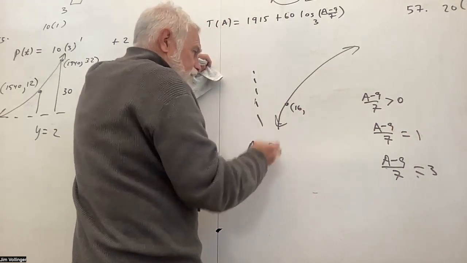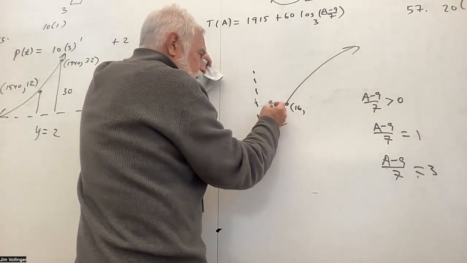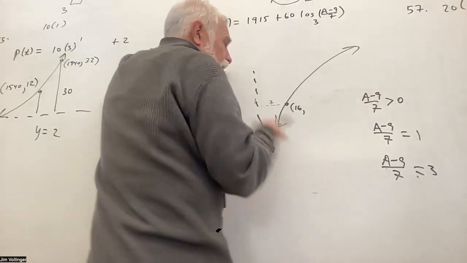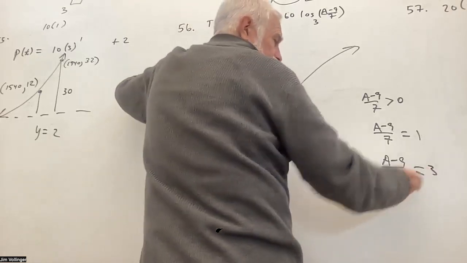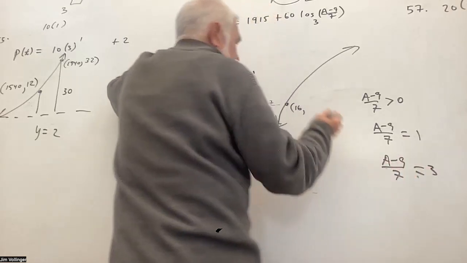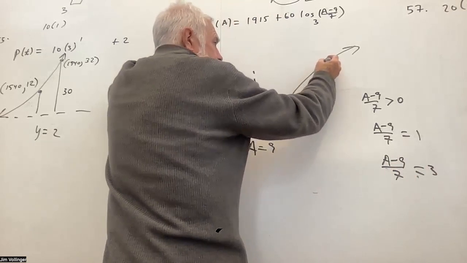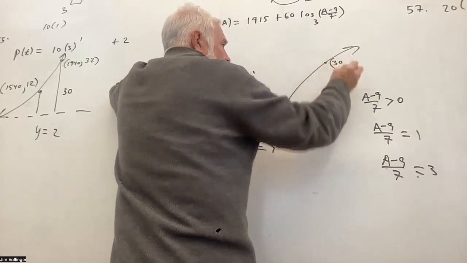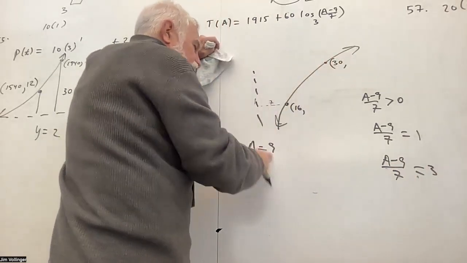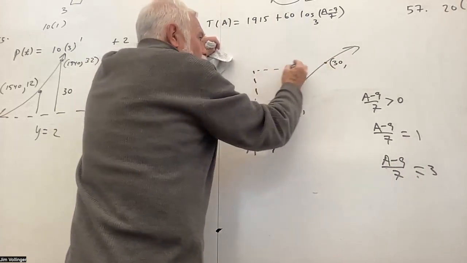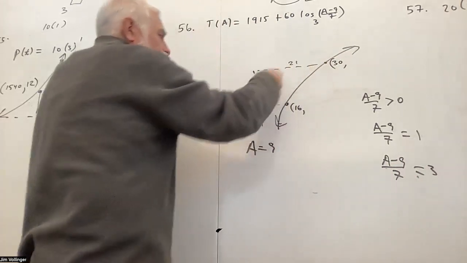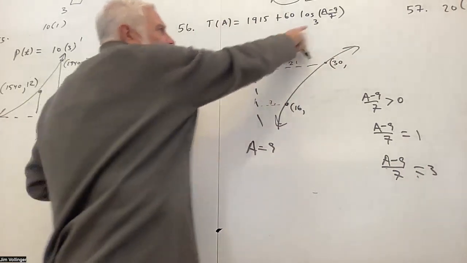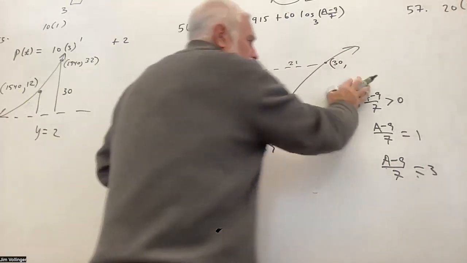Okay, how far is it from 9 to 16? 7 units. Oh, that's a big clue there. And then I want this to be 21 plus 9, 30. That's going to be a very friendly number. How far is it from 9 to 30? Whoa, 21. 21 divided by 7 is 3. Must be a coincidence.